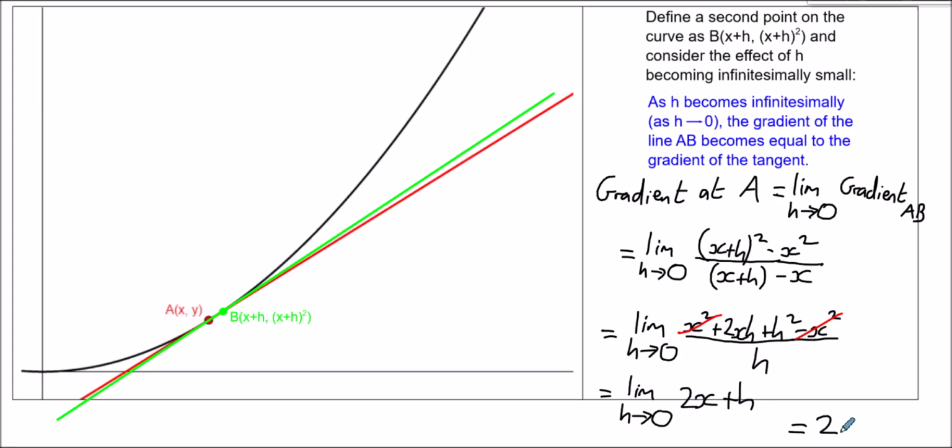And so the absolute limit of the gradient at the point (x, y) is going to be 2x. Therefore the gradient of the curve y equals x squared is going to be 2x for any point on the curve. So for example, when x is 5, the gradient of the graph y equals x squared would be 10. And that proves our results from earlier.